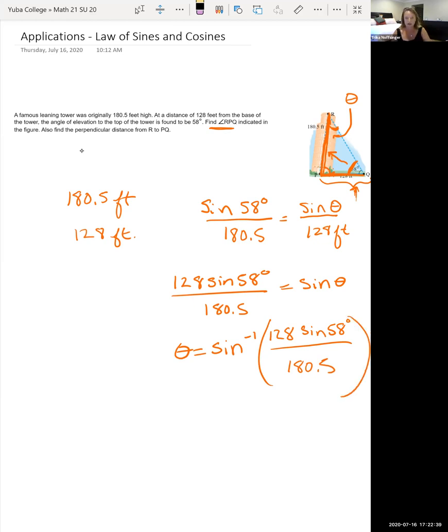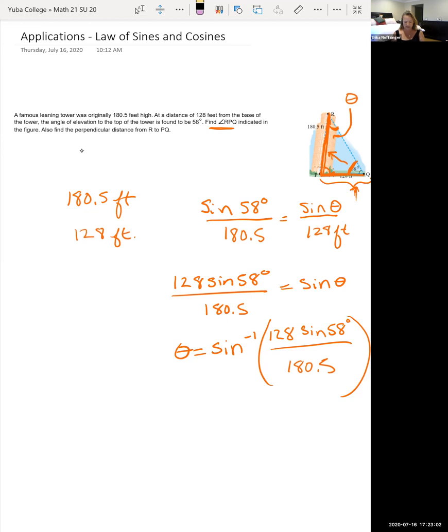You want to make sure that your calculator is in degrees. I would probably do first the piece inside the argument and then take the sine inverse of that. So 128 sine of 58, make sure you close off your angle, divide by 180.5. That gives you approximately 0.60.